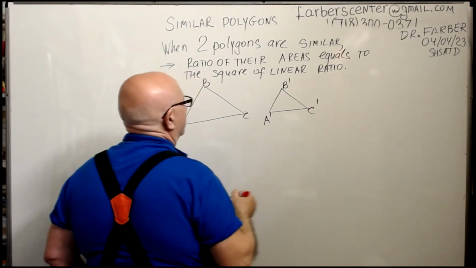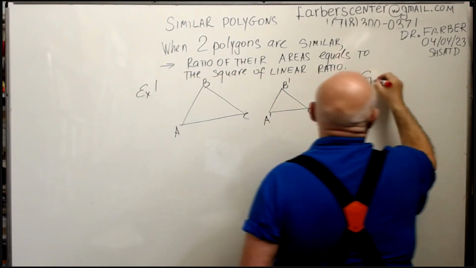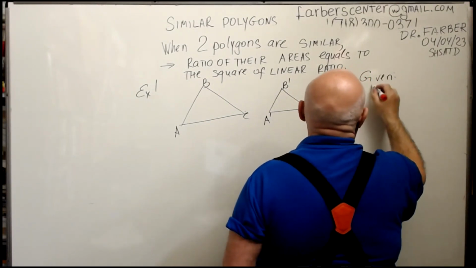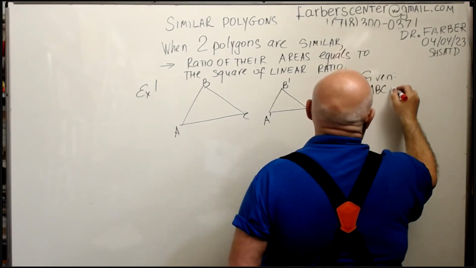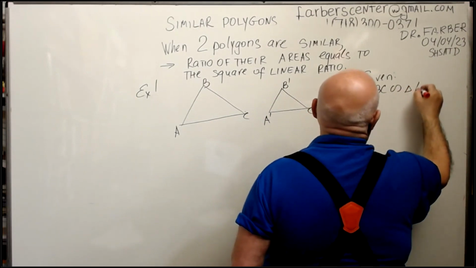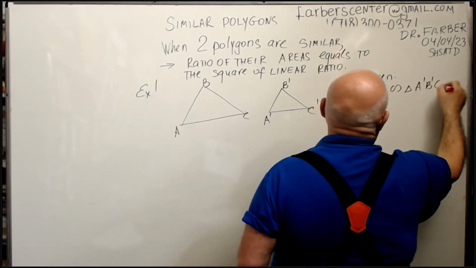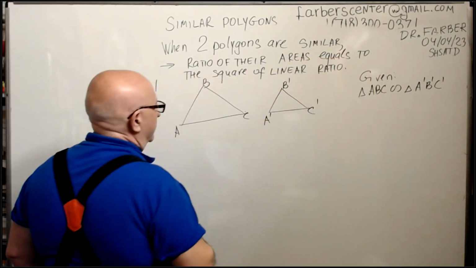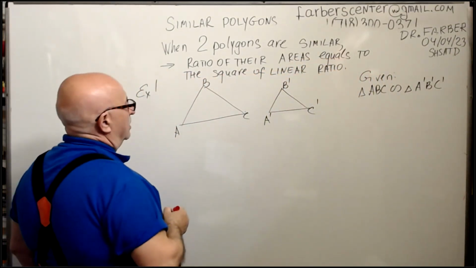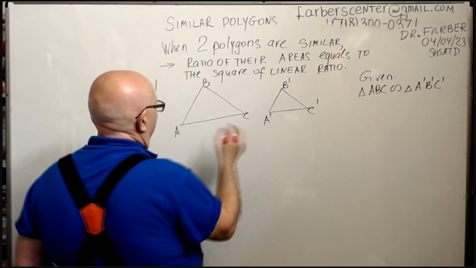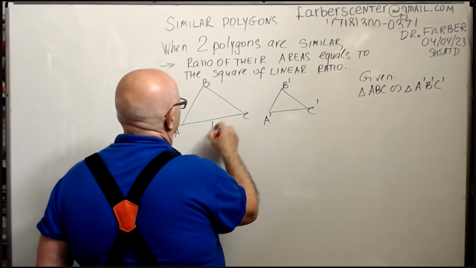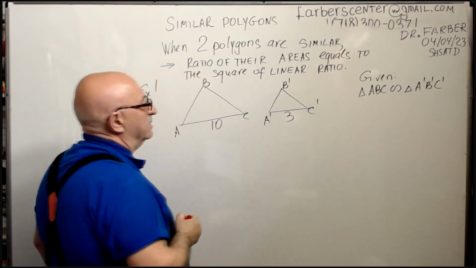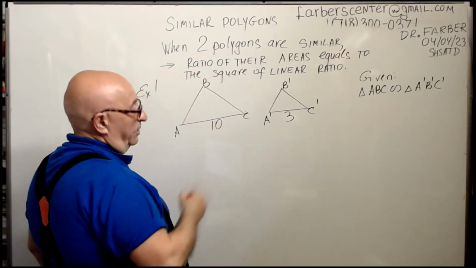They are similar. Given triangle ABC is similar to triangle A prime, B prime, C prime. Ratio of these sides, let's say this side is 10 and this side is 3, corresponding sides given, inches for instance.